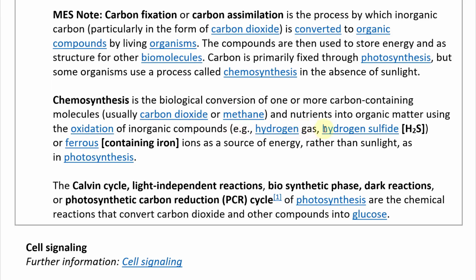E.g., hydrogen gas, hydrogen sulfide, which is H2S, or ferrous, containing iron ions as a source of energy rather than sunlight in photosynthesis. Yeah, so instead of getting energy from photons, you get energy from electrons using this oxidation of inorganic compounds such as hydrogen gas, hydrogen sulfide, and ferrous ions.